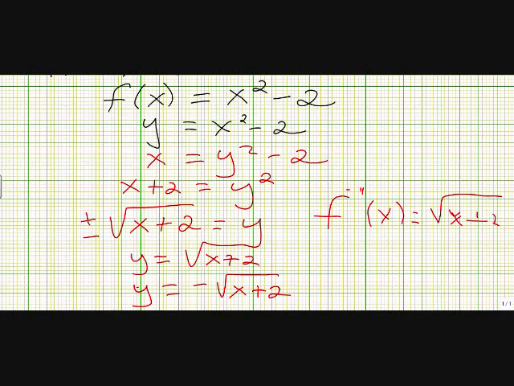That's a -1. It says f to the -1, that means inverse, is the square root of x plus 2. And this is just weird having to write this with my finger, but that's okay. F inverse is the negative square root of x plus 2.